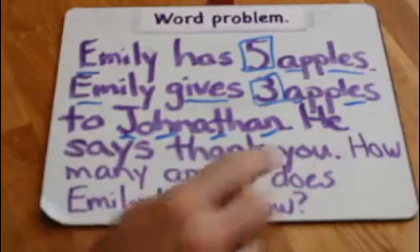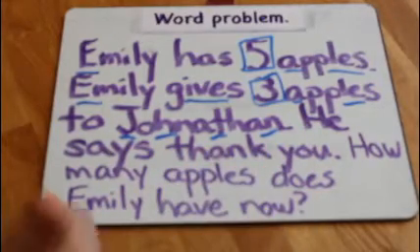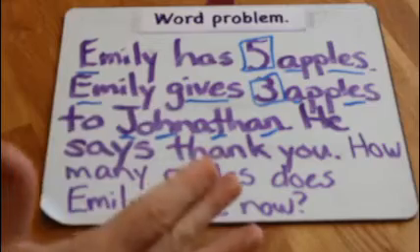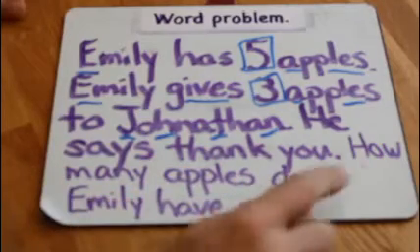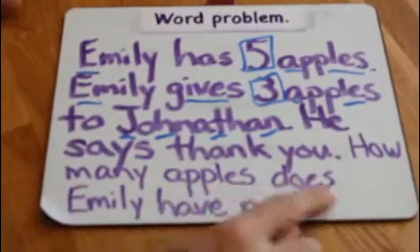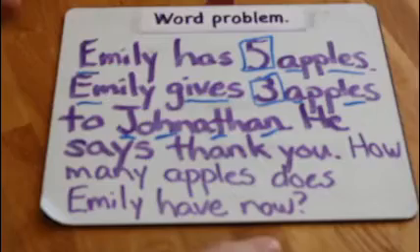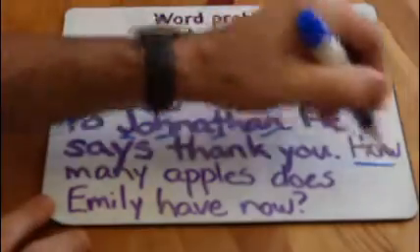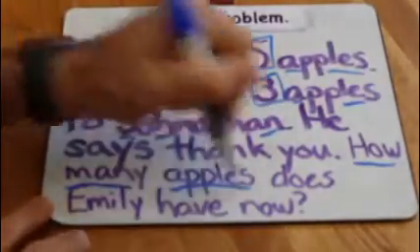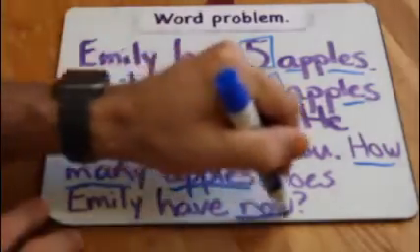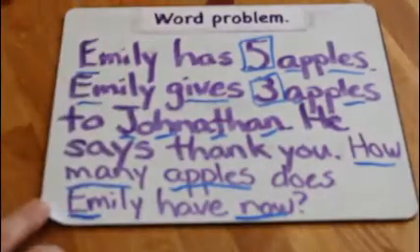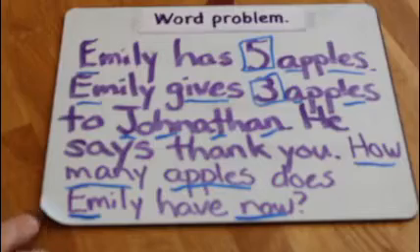He says thank you. Okay, that's important, but not for the math problem. Good manners, Jonathan. How many apples does Emily have now? So they're asking, how many apples does Emily have now? Okay, so let's check our work.